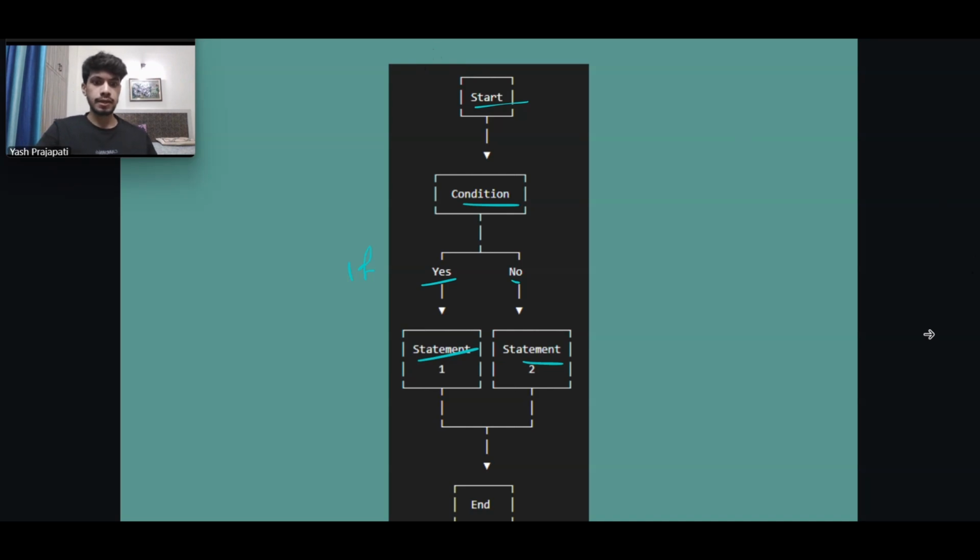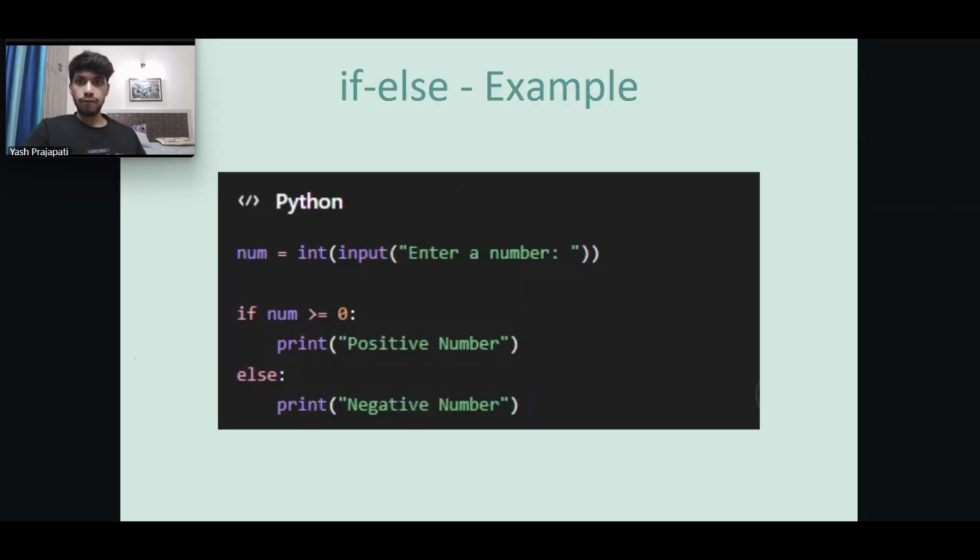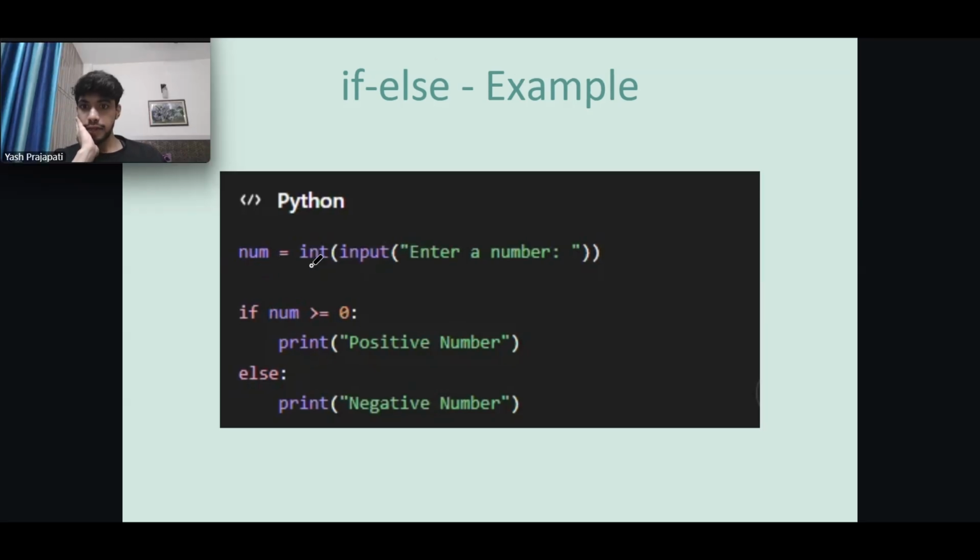Now there is an example of an if-else statement. Here it is given that num equals int input, enter a number. Here int stands for integer. We are writing this to change the input into an integer, and input is a function used for user input, and we are entering a number.